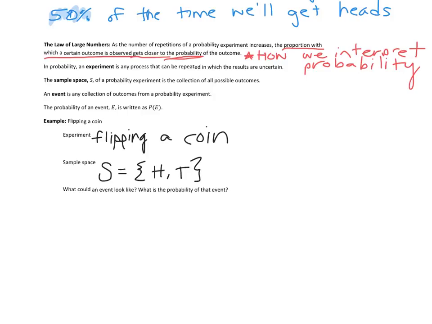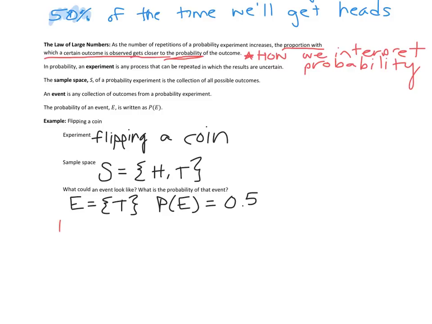And what can an event look like? Well, we could define our event. Maybe we're interested in getting just tails. So event E could just be tails. And then what would the probability of event E be? Well, it would be 0.5.